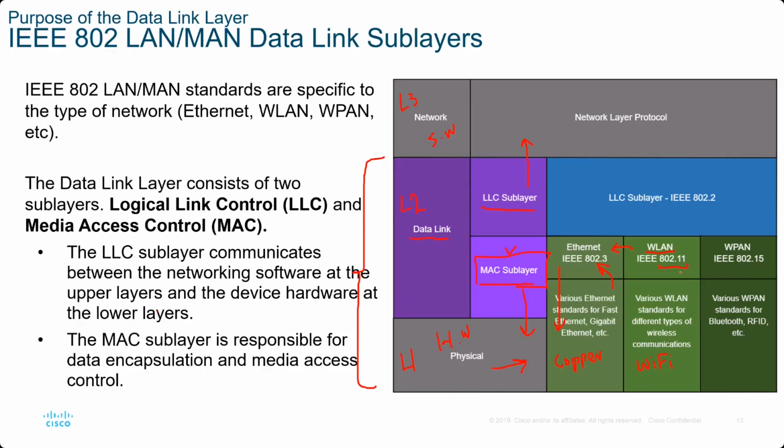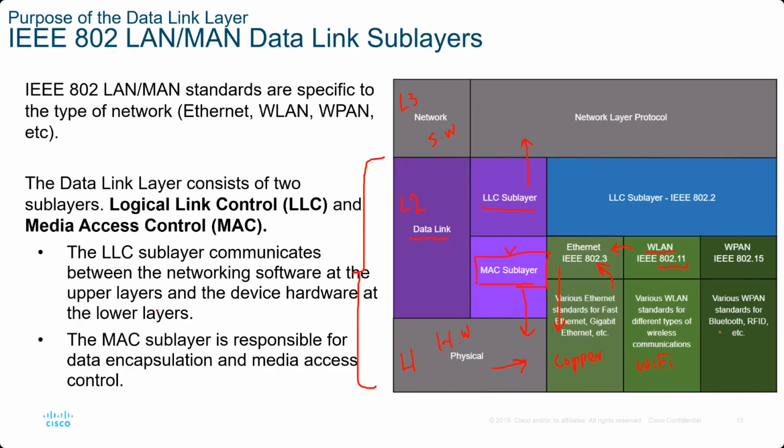Your wireless LAN frame is different than your wired frame, because wireless LAN has different problems at the physical layer that need to be solved, and wired LAN has different problems that need to be solved. So every time you're changing the physical layer standards, you also need a specific solution at the MAC sublayer that goes with the kind of hardware you're selecting.